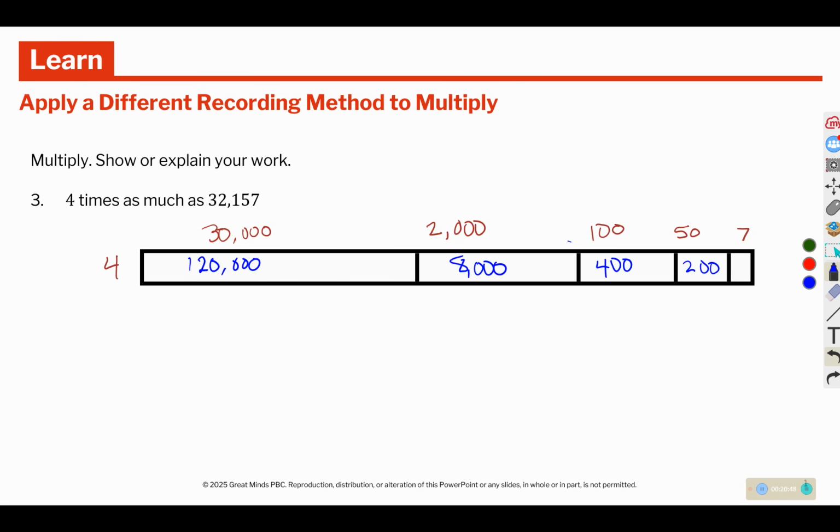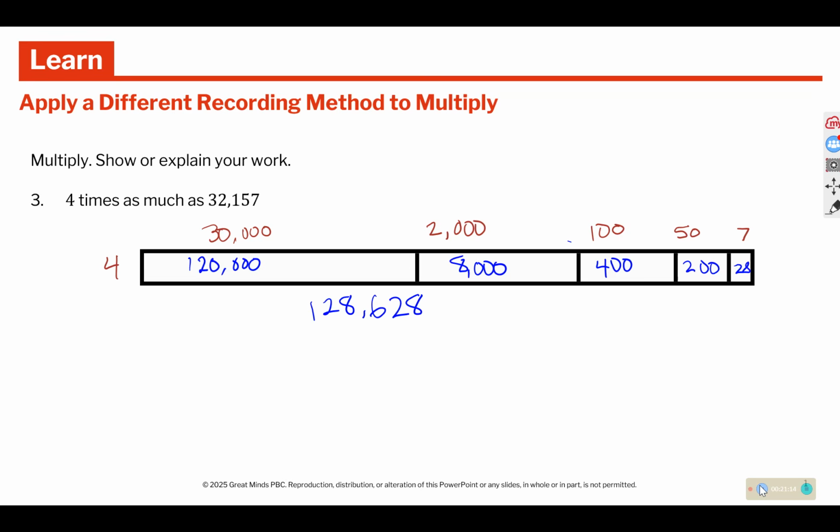And 7 times 4 is 28. So now we need to combine all of these blue values to find the total. I have 120,000 plus 8,000 is 128,000. Then I have 400 and 200 makes 628.